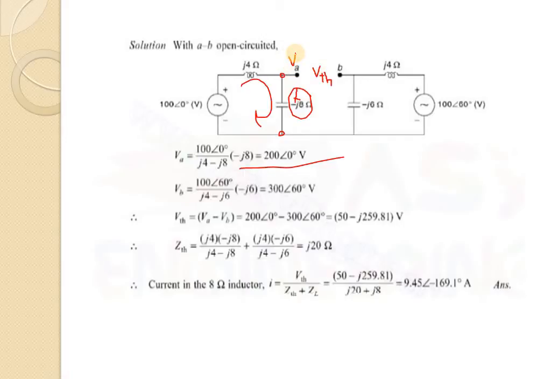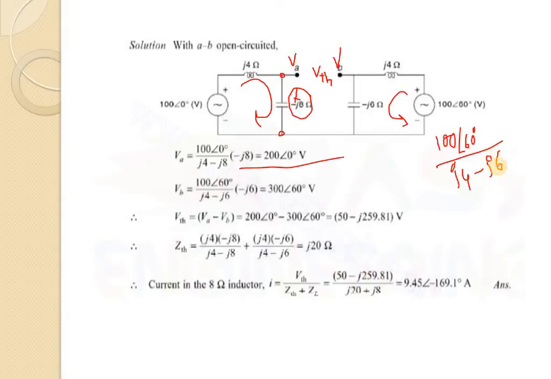In a similar way we can calculate VB also. This is VB. How can we calculate it? This is again a series circuit because this is the open terminal. That means total current is flowing through here. So the current value will be 100 angle 60 divided by j4 minus j6.